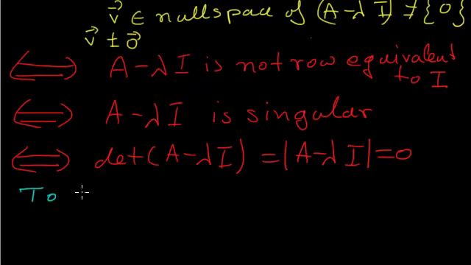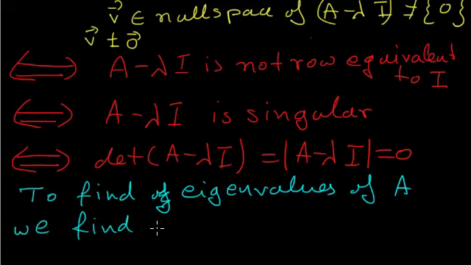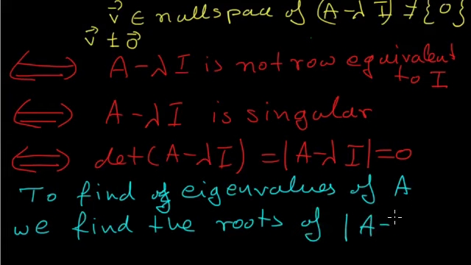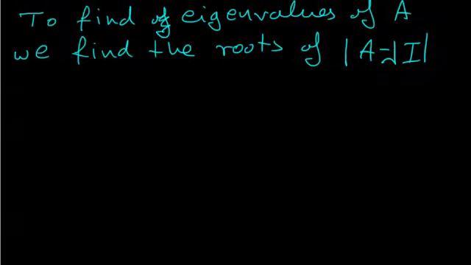So to find eigenvalues of A, we need to find the roots of the determinant of A minus lambda I. We will see in the following example that the determinant of A minus lambda I is actually a polynomial, and we call that polynomial the characteristic polynomial of A. So let's start with an example.